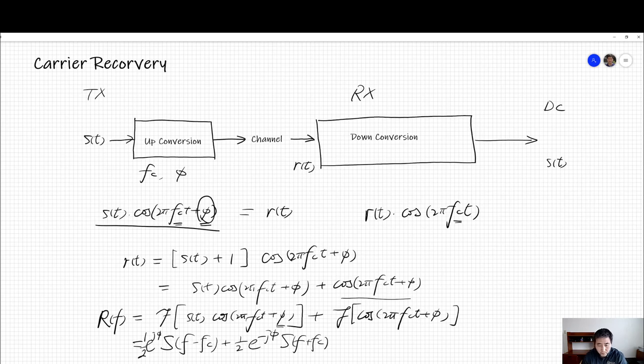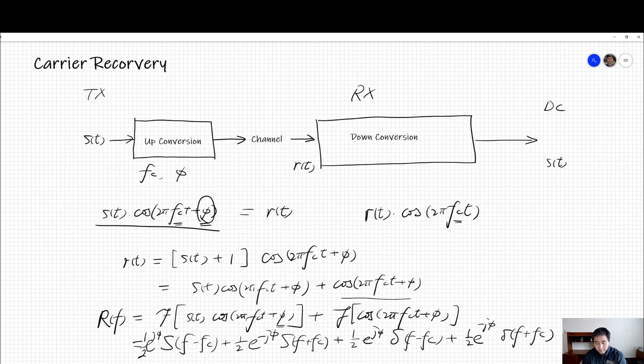Then for the second term, doing a Fourier transform, similarly we get half of e to the positive j phi delta(f minus fc), plus half of e to the power negative j phi delta(f plus fc).